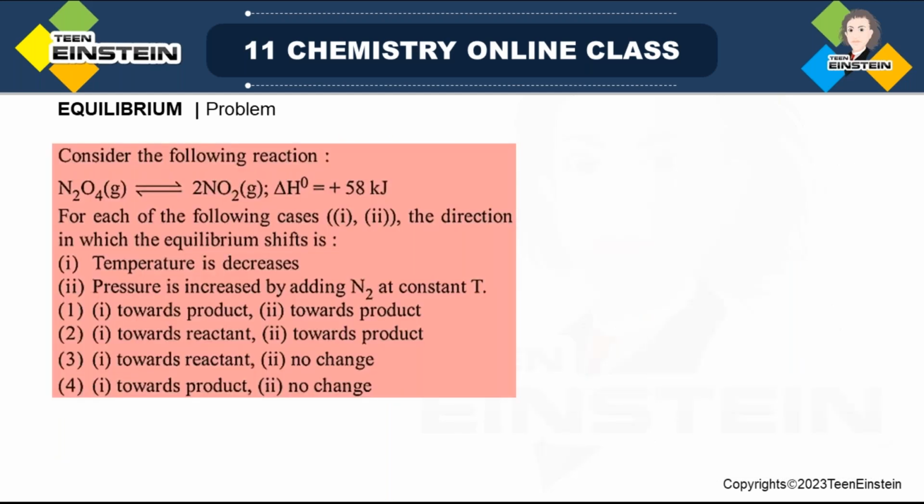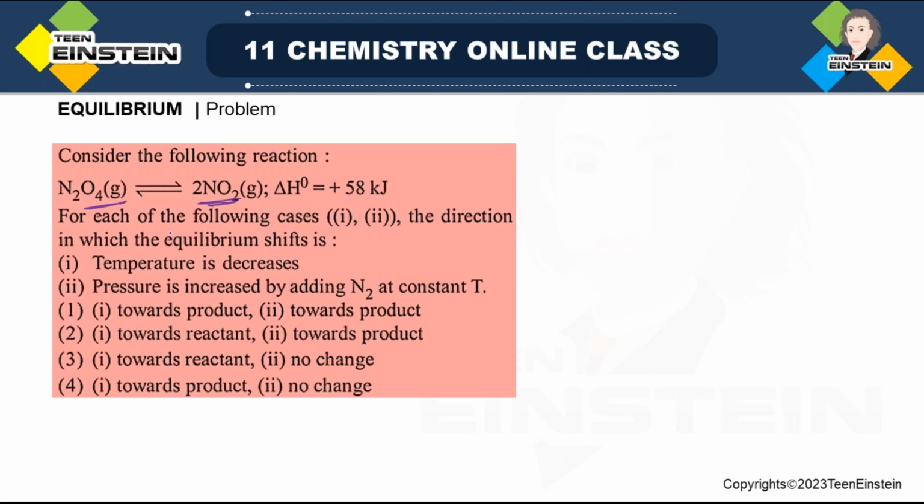So related to this, we have this problem. Consider the following reaction. Here we have two different oxides of nitrogen. On the left hand side it is N2O4, nitrogen tetroxide, and on the right hand side we have nitrogen dioxide, NO2. This is a balanced equation, right? As if 2 moles of NO2 are dimerizing with each other.